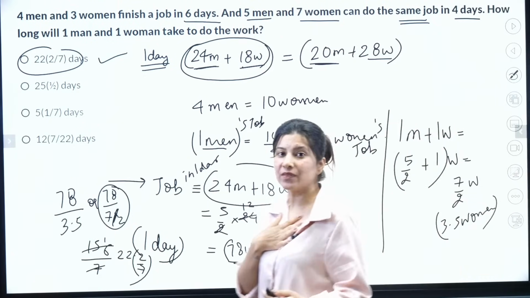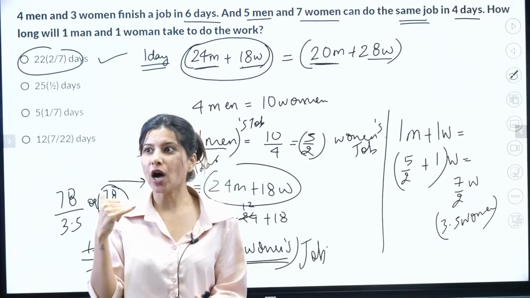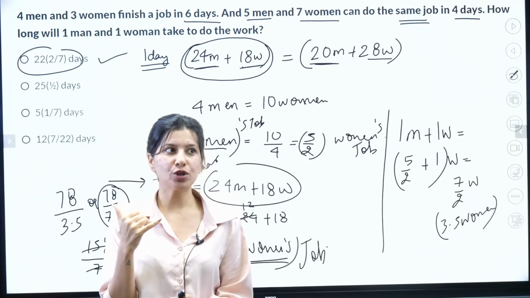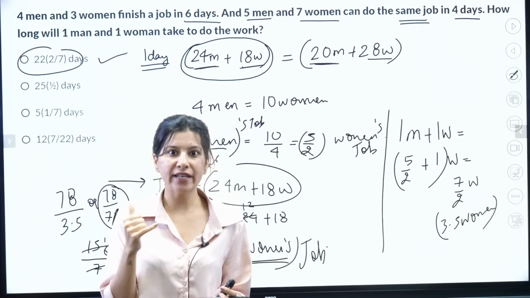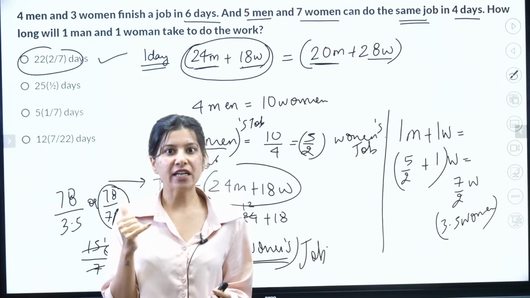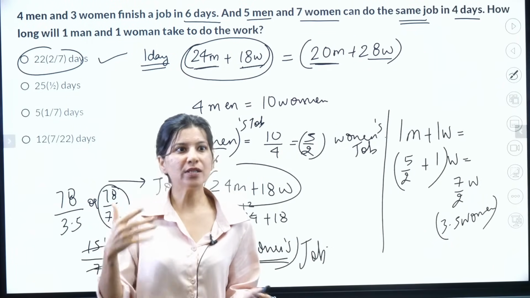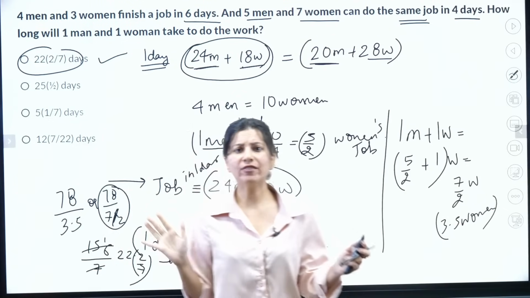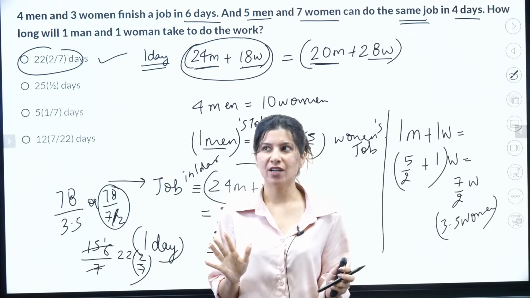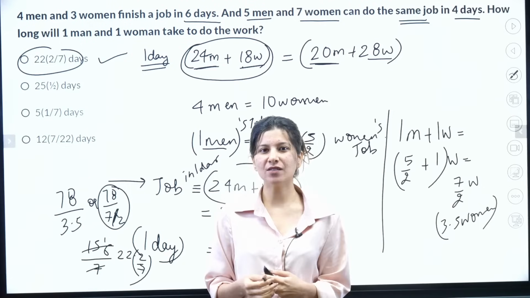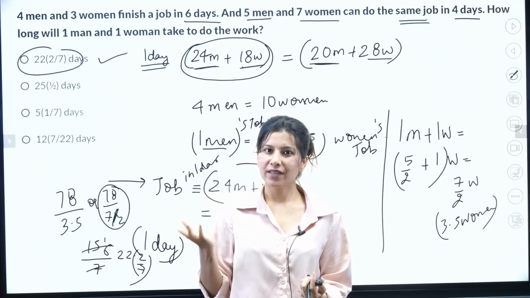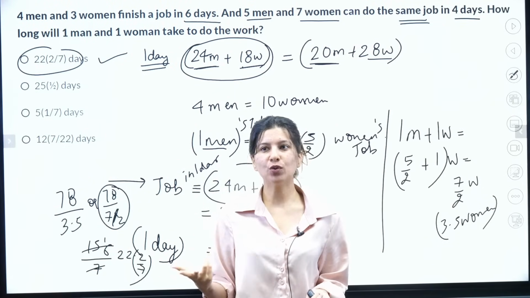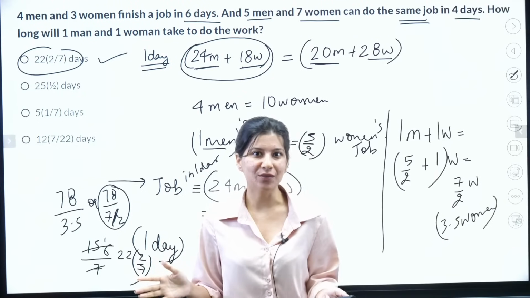So, if I am doing something and I call you, I have so much work, I need 10 women, it will take 10 women to finish the work today. So, you will say, no, I don't have 10 women. I have 5 women. So I'll say, okay, 5 women. So what we can do is 10 by 5, 2 days.